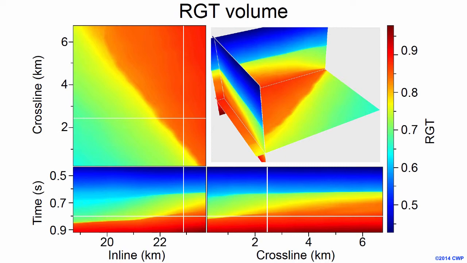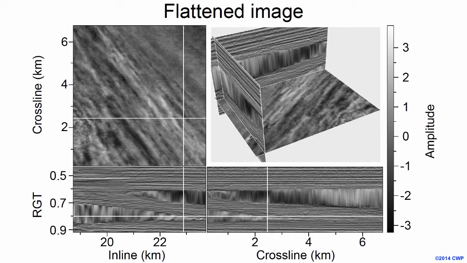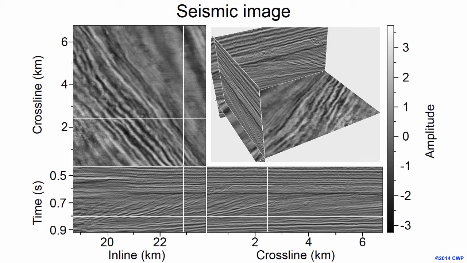And using these relative geologic time values, we can flatten the corresponding seismic image. In this flattened image, these two unconformities again produce two vertical gaps, and all the seismic reflectors are flattened compared to the original seismic image.